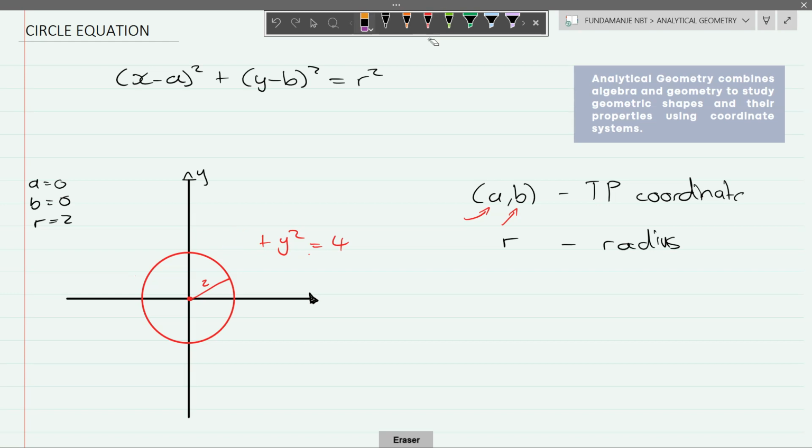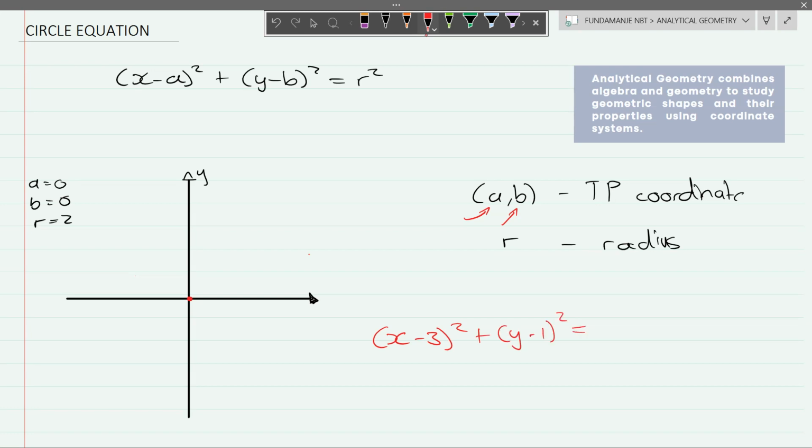Let's take an example real quick. Let's say we take (x − 3)² + (y − 1)² = 9. This is a circle with the center at (3, 1).